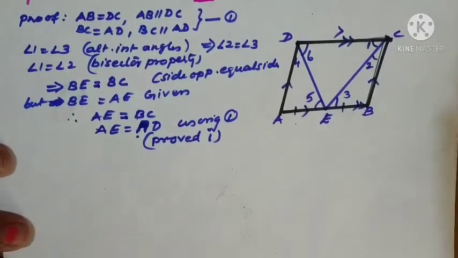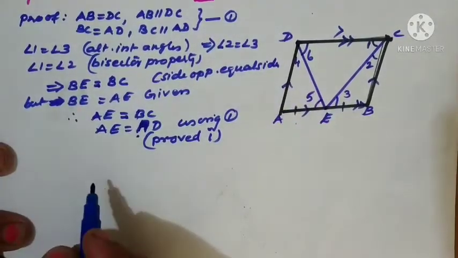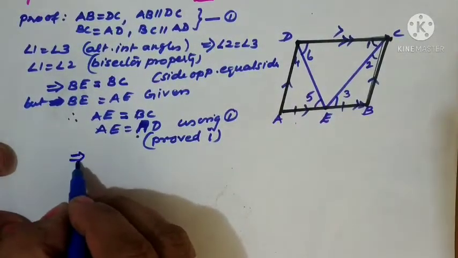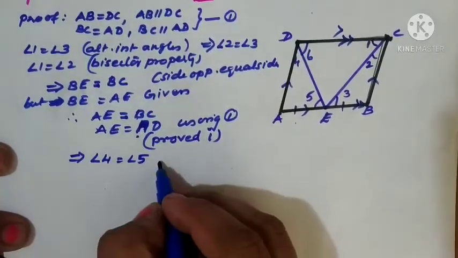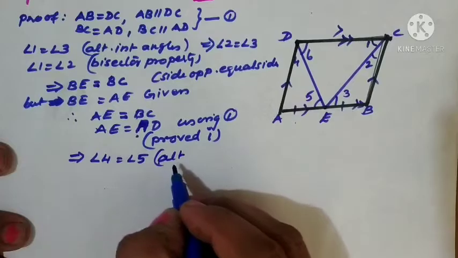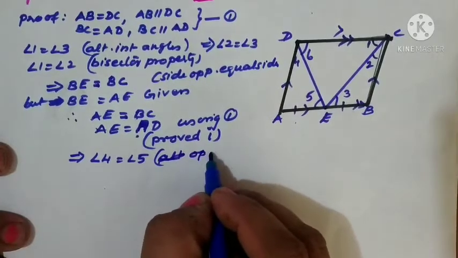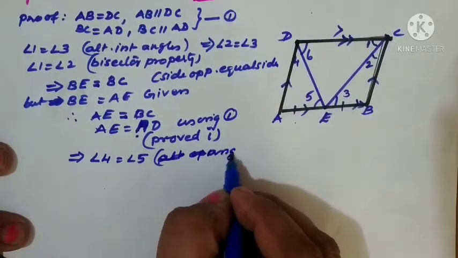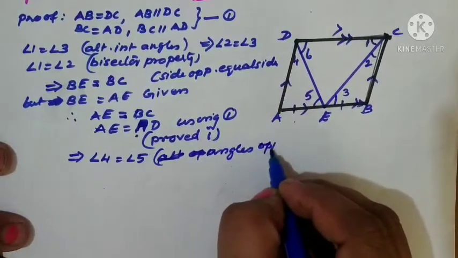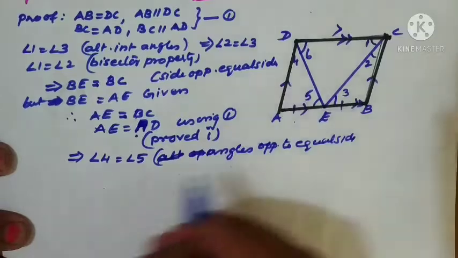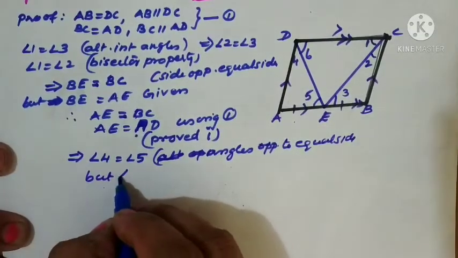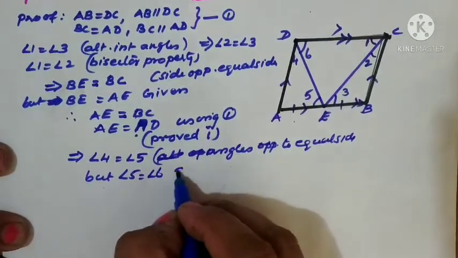By this what we can write, the angles opposite to equal sides are again equal. That means this implies angle 4 equals angle 5. But angle 5 equals angle 6, again alternate interior angles.